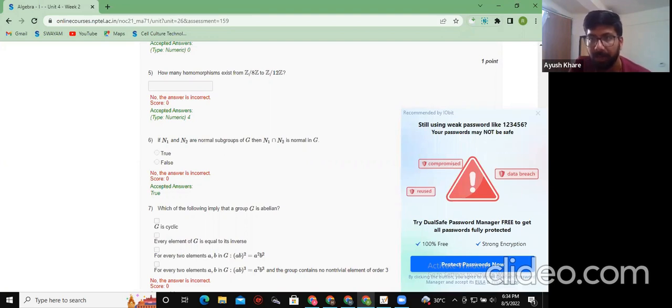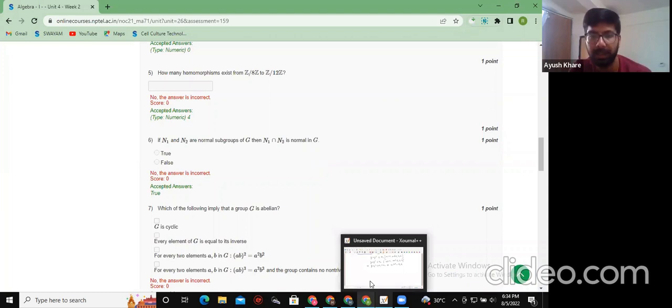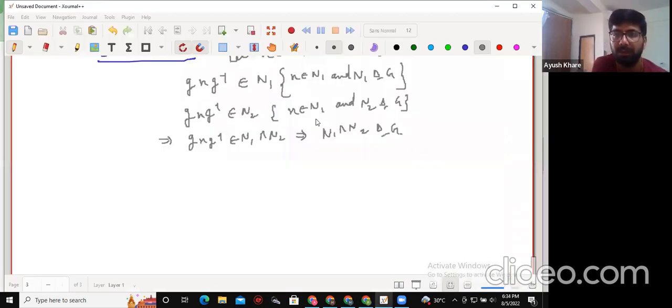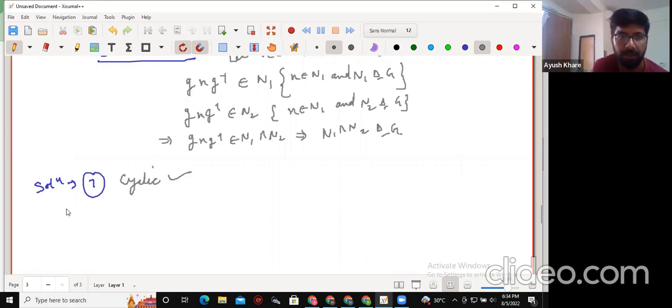So let's see how the second and third are correct. In case of cyclic, it surely holds.